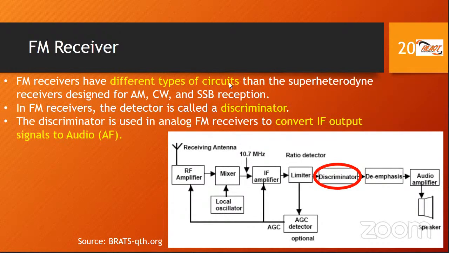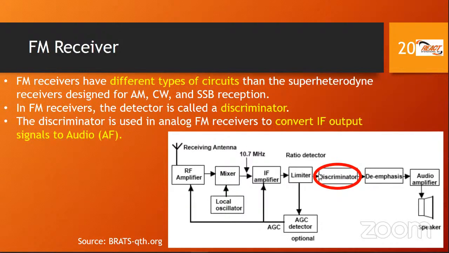It uses different circuitry compared to the superhet, or the superheterodyne receivers, that we just did. And we noted that the superhet is designed for AM, CW, and SSB reception. However, for FM receivers, we use a different circuit.